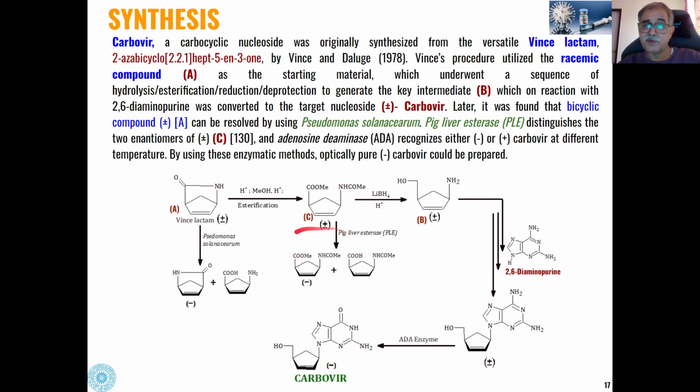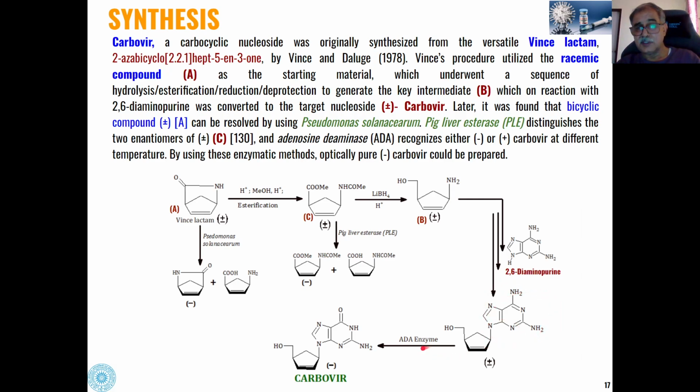So depending upon any of the methods used, through reduction, this can undergo reduction with lithium borohydride to give us the corresponding alcohol and amine, and then this will condense with 2,6-diamino purine to give us this type of racemic purine derivative.